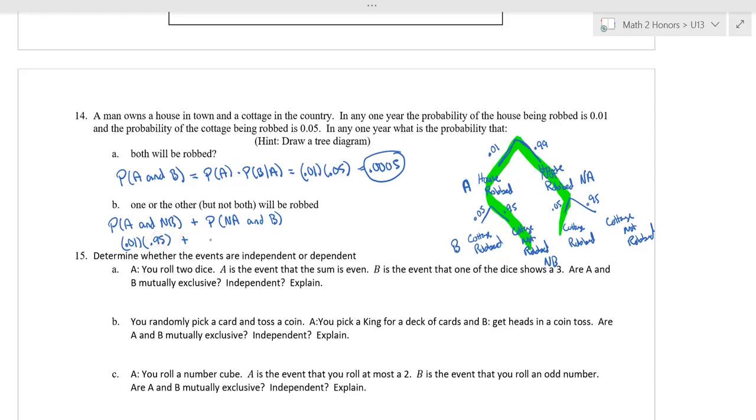Plus, not A would be 0.99. And then the cottage being robbed, given that the house is not robbed, that would be 0.05. Work through that, and we get 0.059. So about a 6% chance that one of them will be robbed.